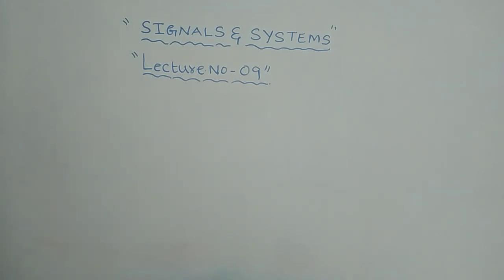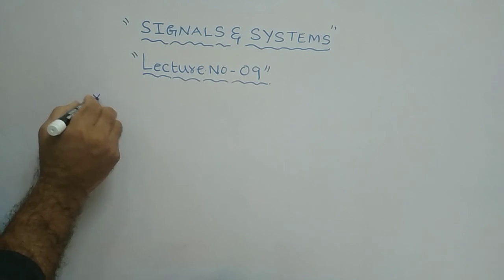In the last presentation, we told you that there are certain elementary or standard signals normally used in the system to study the behavior of a signal. Out of these standard classifications, the first and foremost is the unit impulse function.